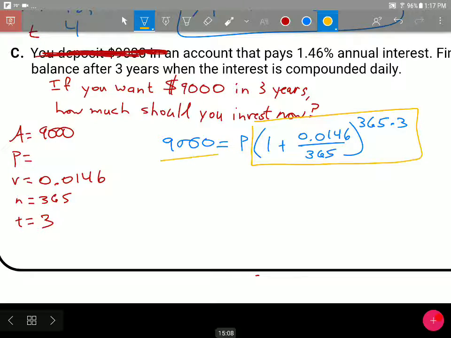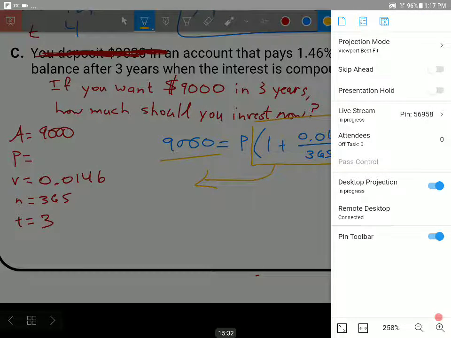No. Just say divided by all of that. Instead of saying 9,000 times all of that, you're going to say 9,000 divided by all that mess. Cool? So if you're solving for A instead of P, it's the same process, except you're dividing. It's really not any harder. So here we go.